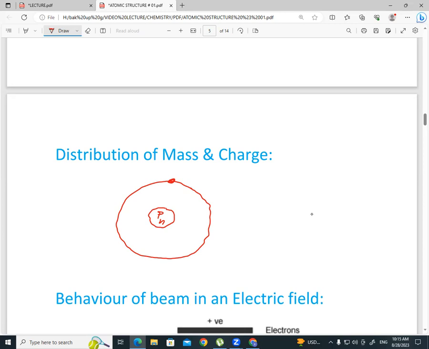When we talk about mass, it is very important that the nucleus is very dense. Imagine a matchbox, whose size is not very large.